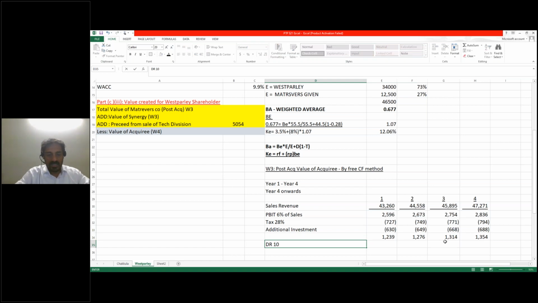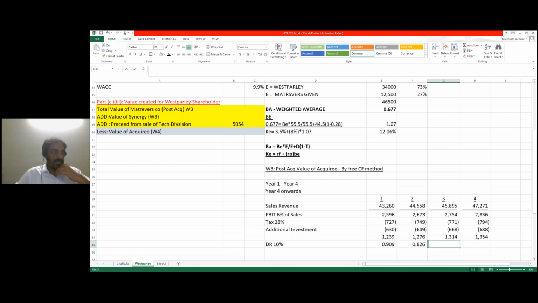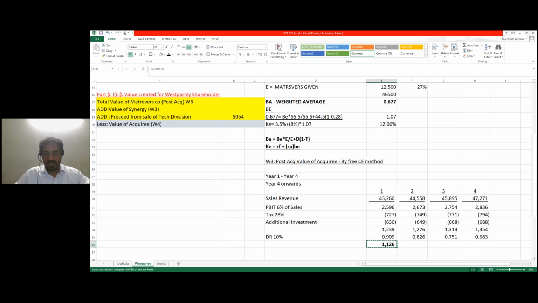Discount rate 10%. 0.751, 0.683 is equal to present value, free cash flow.